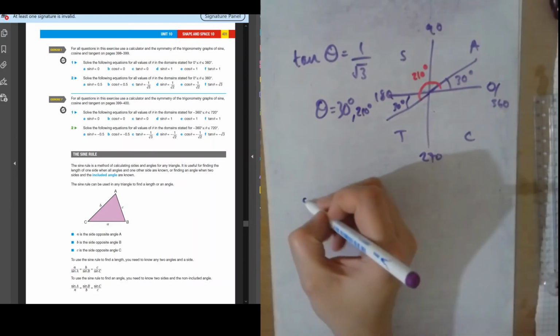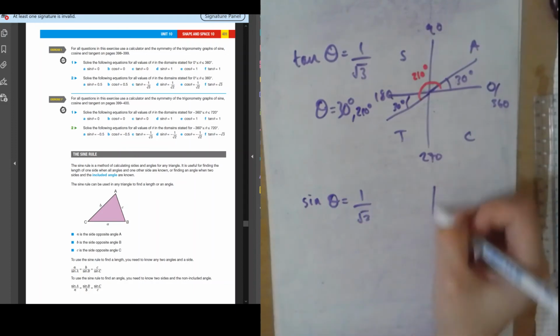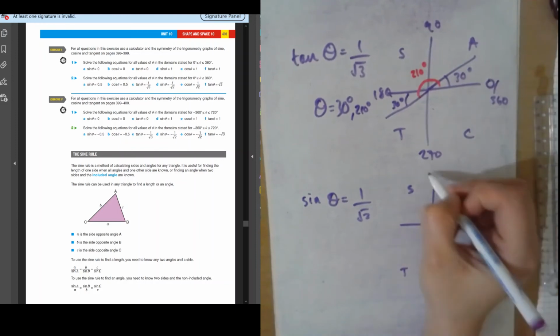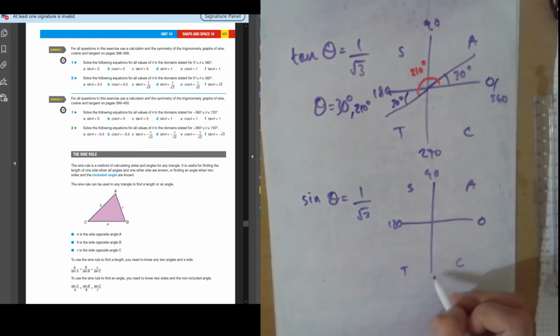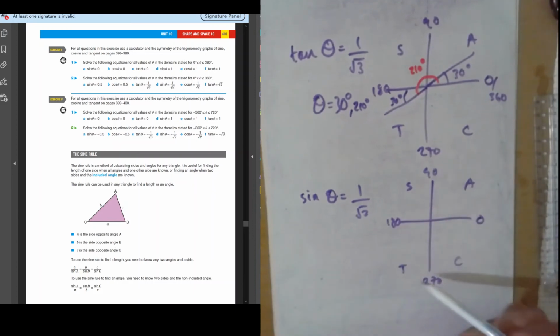Next one is sine theta equals 1 over root 2. So we have the CAST diagram, 0, 90, 180, 270. I always make it a habit to write down the angle, especially when you're moving into A-levels, because you have degrees and you have radians.